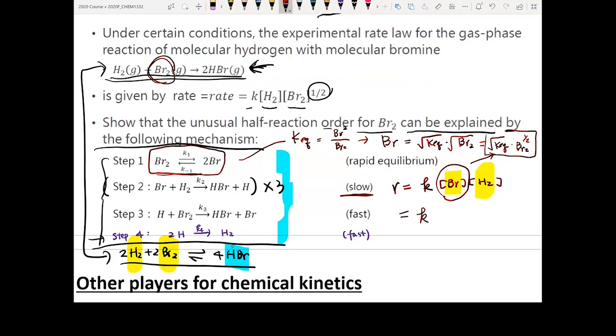This will be K times the square root of Keq times Br2 to the 1/2 power times your H2. Then these constants combine and form a final coefficient Kf times your Br2 to the 1/2 power times your H2. Then you can show the rate law is proportional to Br2 to the 1/2 power and H2 to the first power.